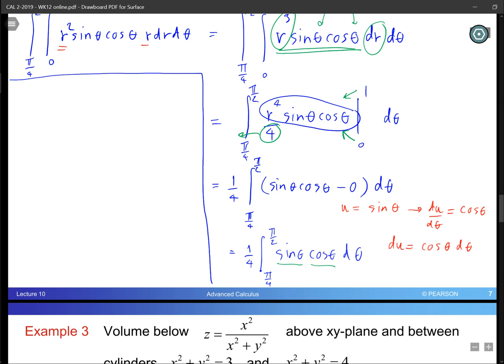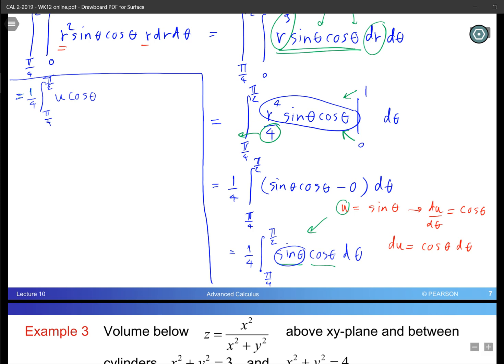Now let's move this u into the equation. So we have this equal to 1 over 4. Nothing changes here. Integrate from pi over 4 to pi over 2 of u. Now u goes in as sine theta, and I leave cosine theta the way it was. Now d theta.